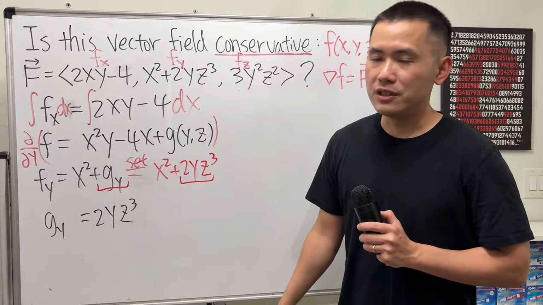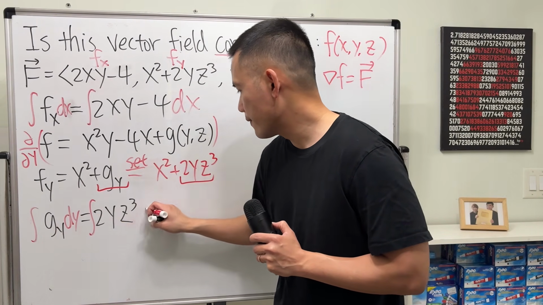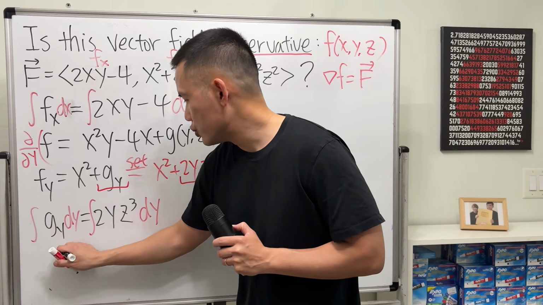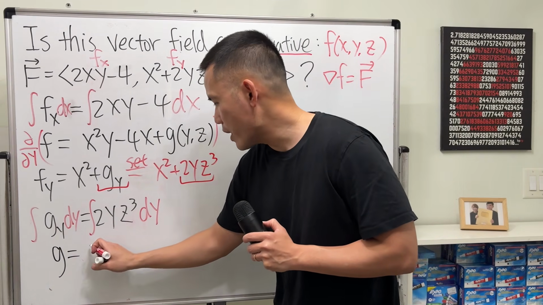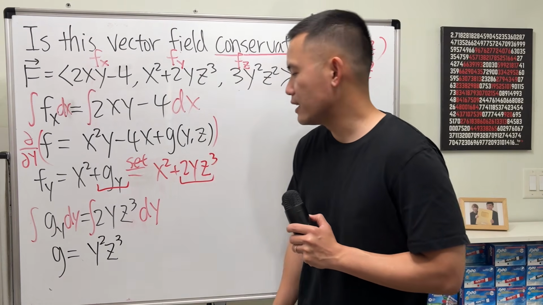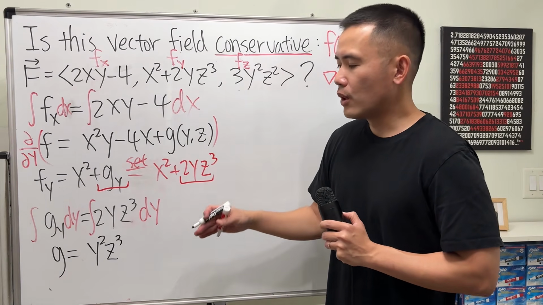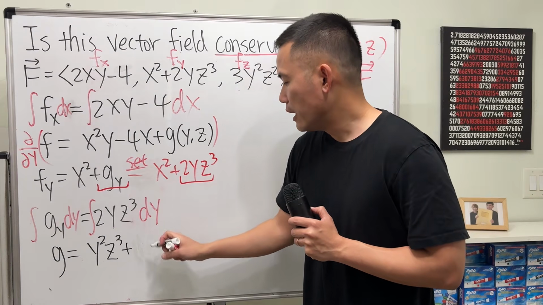I need to figure out what g is. Let's go ahead, integrate it with respect to y. So we get g, that's equal to, just look at this part, we get y squared, and then z cubed is a constant. And in the y world, z is a constant. So right here, I'm just going to add another function.